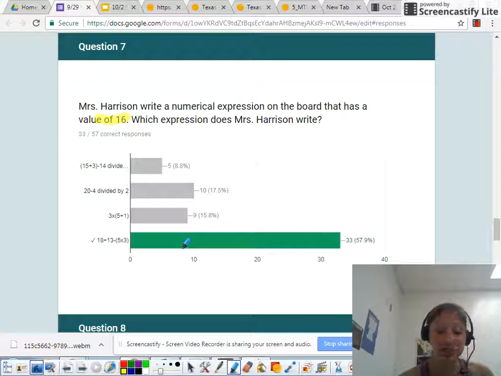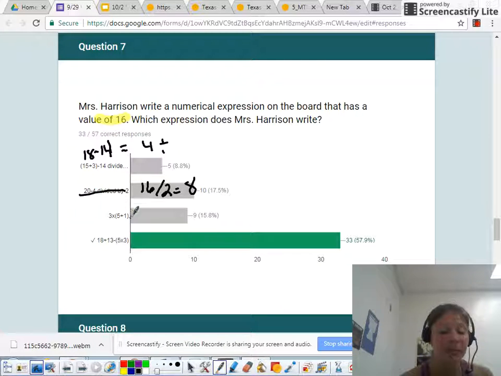Which expression does Miss Harrison write? This one's pretty straightforward. All you have to do is solve it. So 15 plus 3 is 18, minus 14. Well, that's going to be 4 divided by something or another. Then down here, 20 minus 4 is 16, divided by 2. Well, that's 8, so that can't be it.